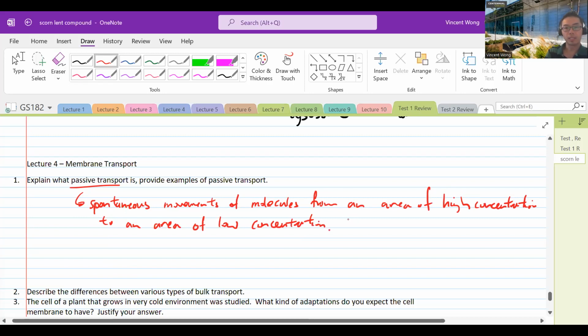Okay, very importantly, no ATP is required. It just happens on its own.